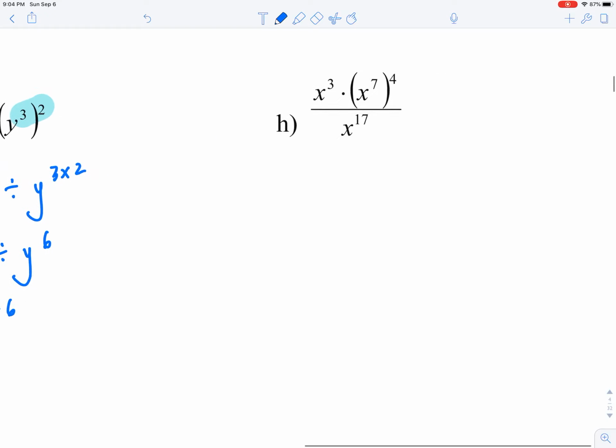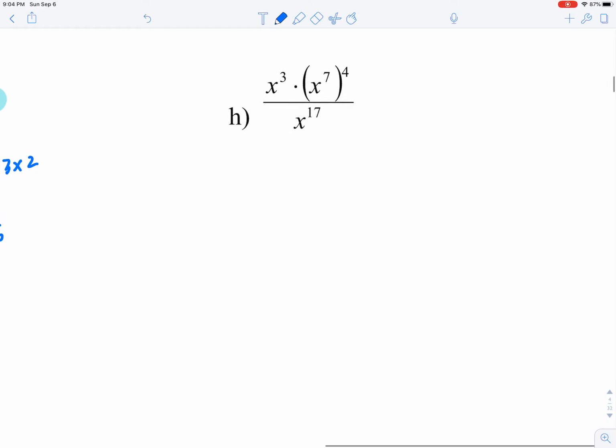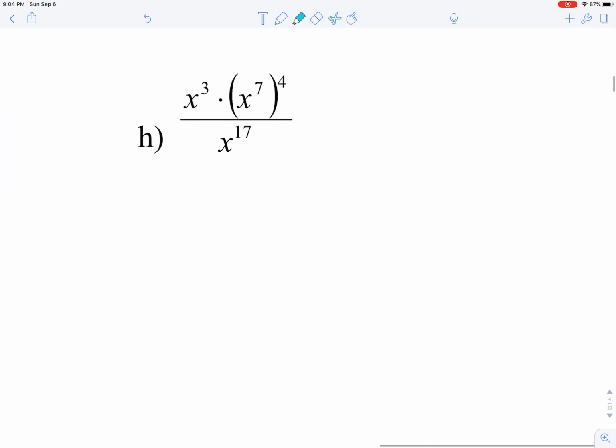For H, it combines all three rules that we've done so far. So first, we're going to have to deal with the power of powers part. Then we're going to have the multiplying, which is in the numerator, and then we'll deal with the dividing. So we have x to the 3 times x to the 7 times 4, and then this whole thing is going to be divided by x to the 17.